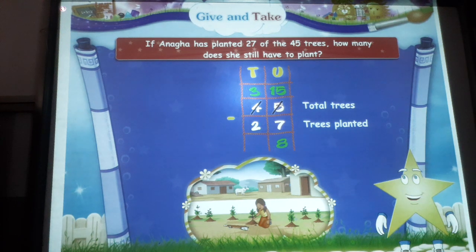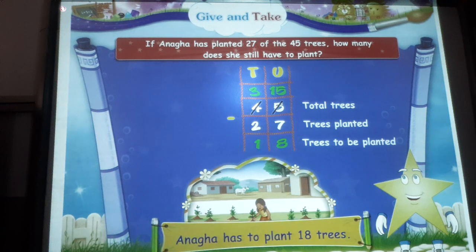We get 8 units. And in the tens, 3 minus 2 gives 1. It is 1 ten and 8 units. That is 18. So, Anaga has to plant 18 trees.